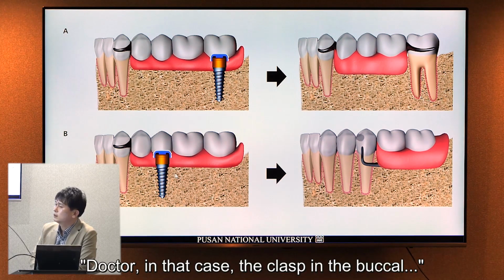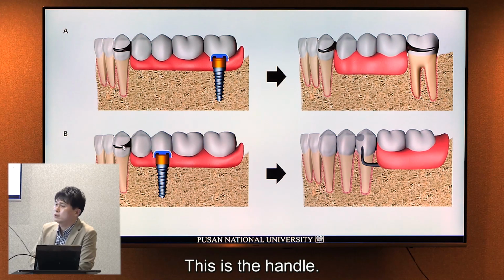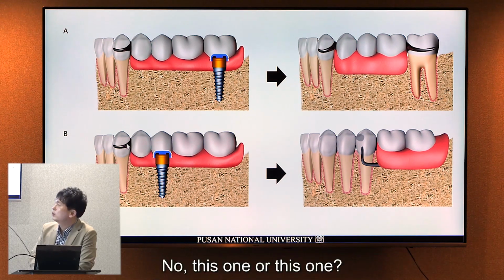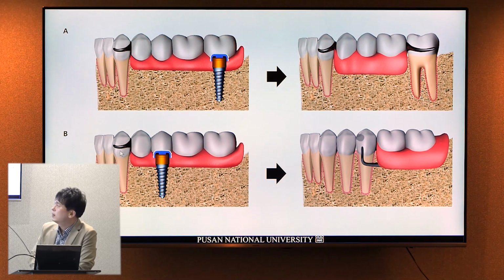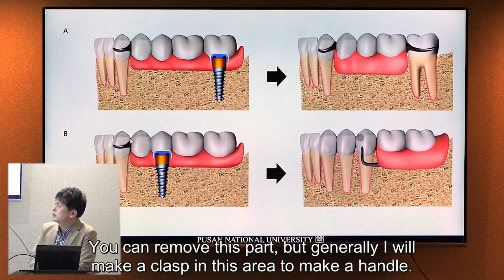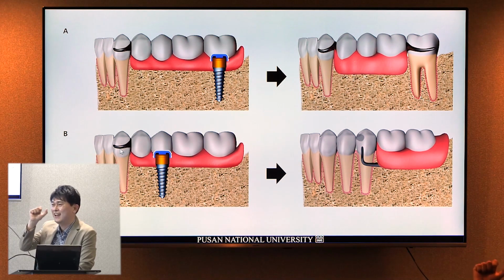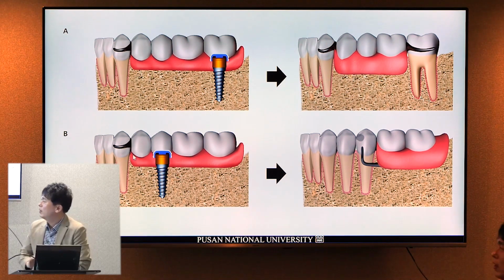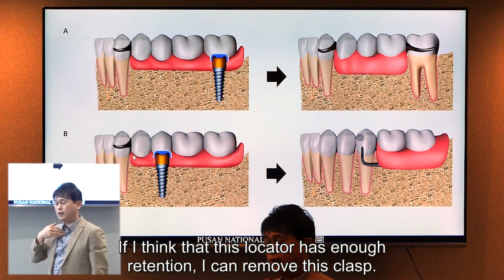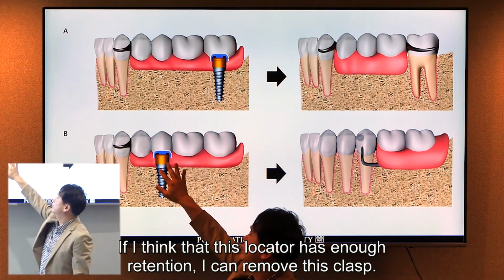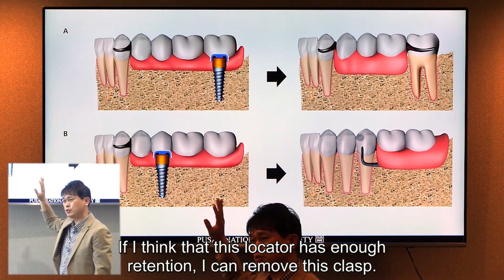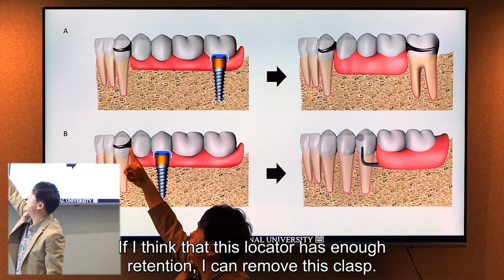Doctor, in that case, the clasp in the buccal side, this is the handle. Will you cut it out? In type B? You can remove this part, but generally I made the clasp in this area to make the handle. If I think that this locator has enough retention, I can remove this clasp.